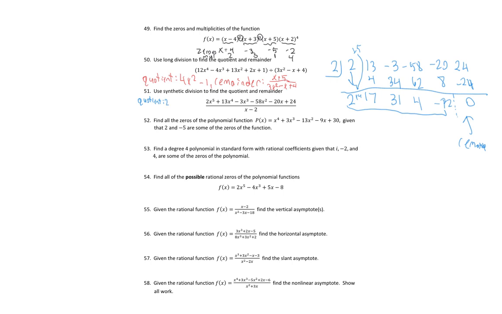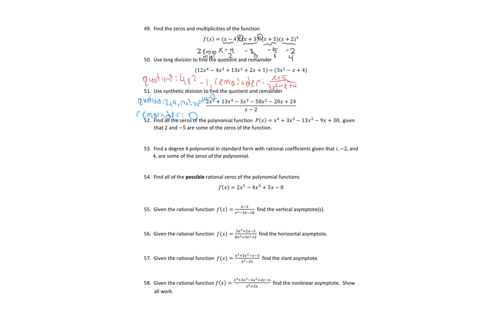So see if I have enough space here. 2x to the 4th plus 17x to the 3rd plus 31x squared plus 4x minus 12. Sorry, that's not super legible. I'll write it over here, and then I'll erase it and go on to the next one. Plus 31x squared plus 4x minus 12. And our remainder is 0. This one we just happen not to have a remainder.